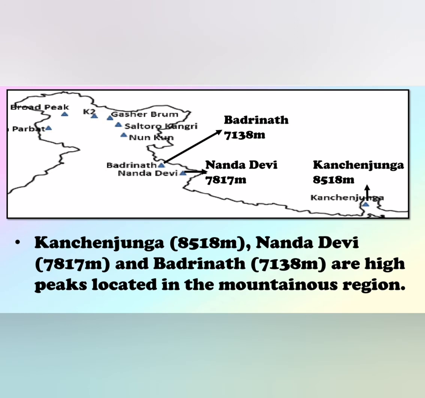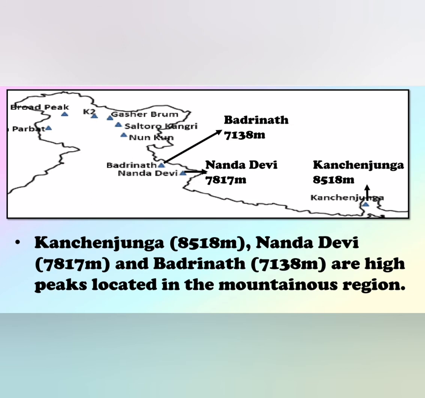Then we have Kanchenjunga, 8,518 meters, Nanda Devi, which is 7,817 meters, and Badrinath, which is 7,138 meters, are high peaks that are located in the mountainous regions of Himalayas.